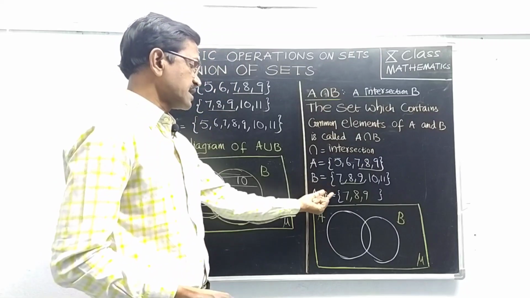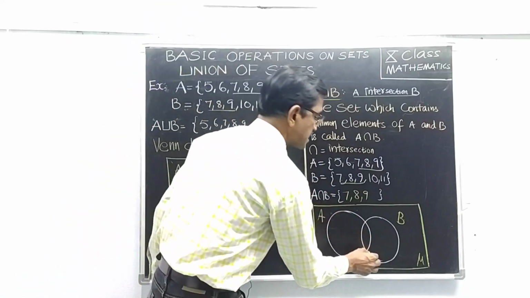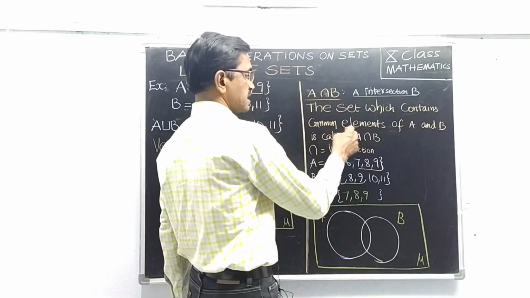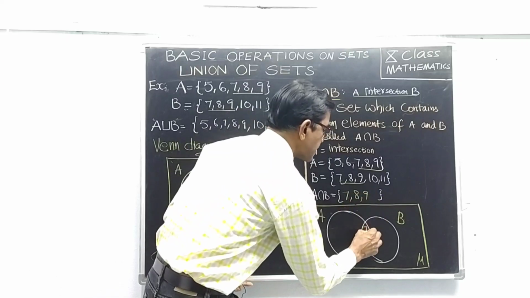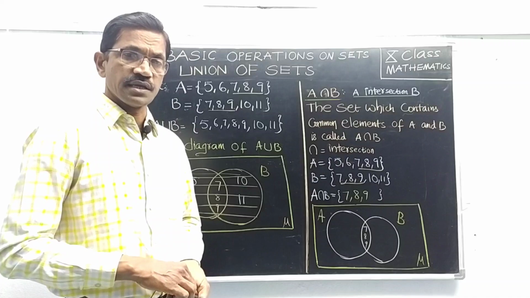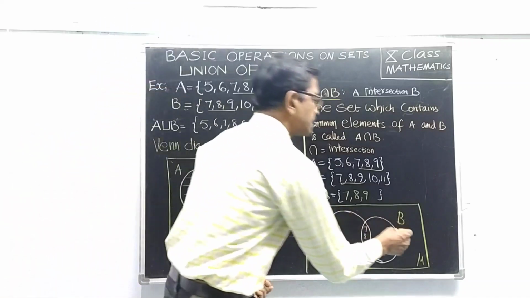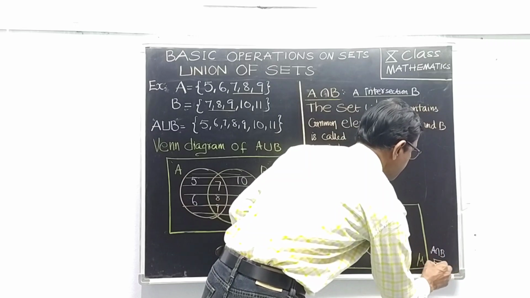Now represent this A intersection B by Venn diagram. Just draw the two sets like this, overlapping sets, because they have some common elements. Write the common elements in this part, 7, 8, 9. That's all. This is called A intersection B. Represent A intersection B by this shaded region.